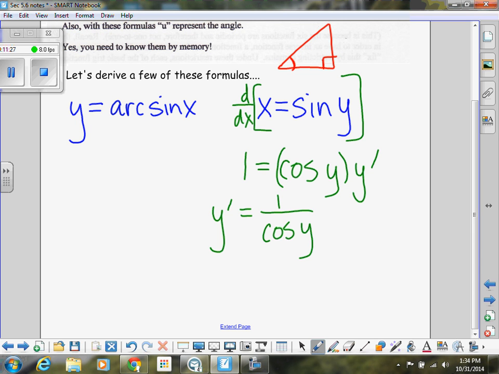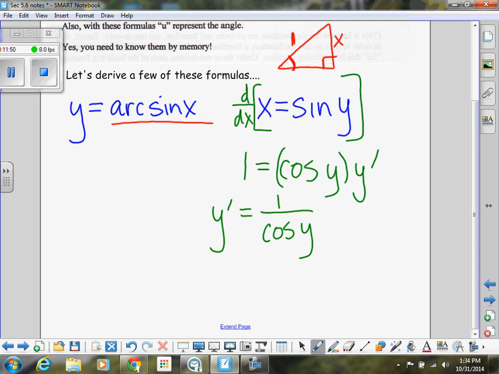And remember, this is saying that the sine of some angle is equal to x. So the sine of this angle right here is going to be x over 1. No, sorry, that's tangent. Sine is opposite over hypotenuse, right? So that's x over 1.